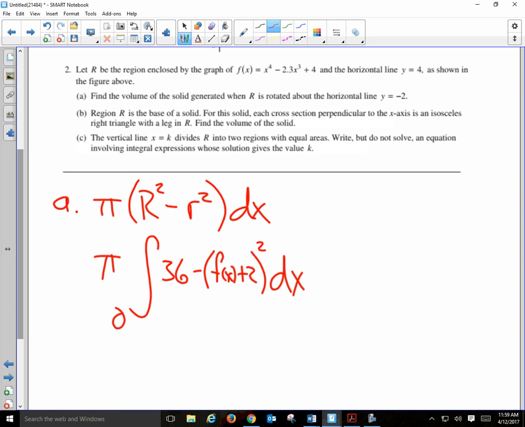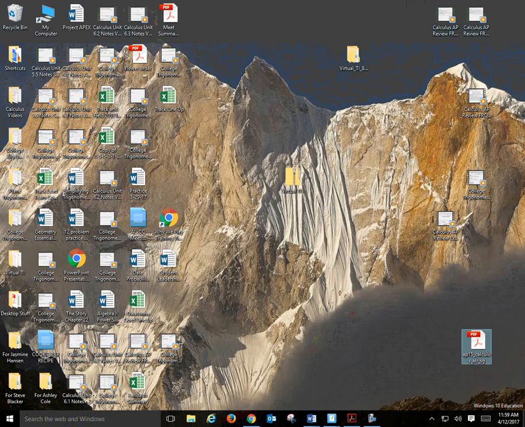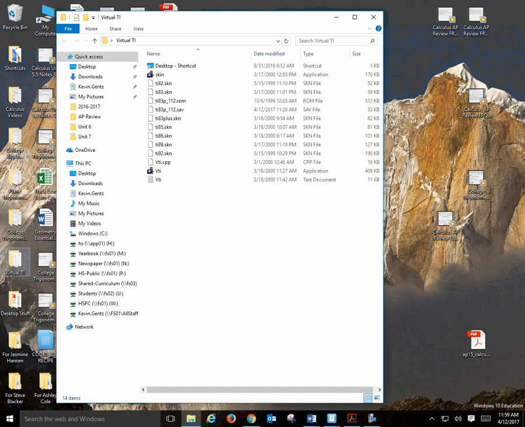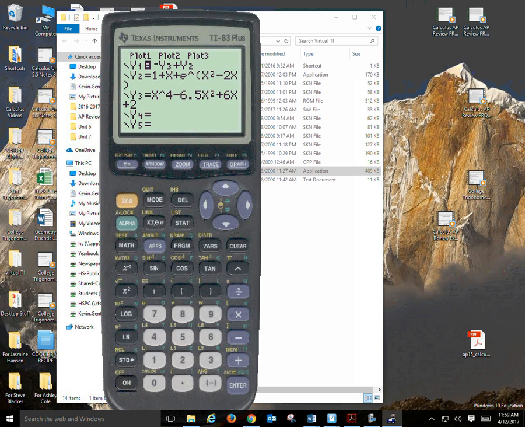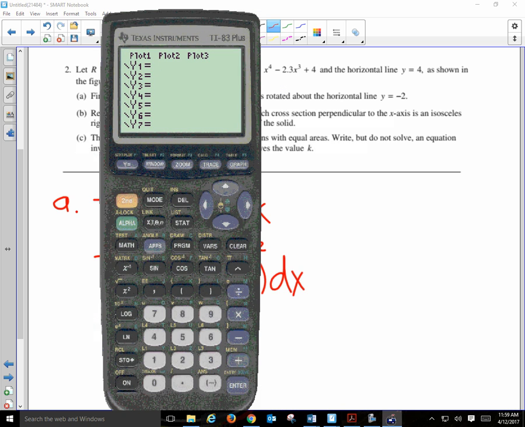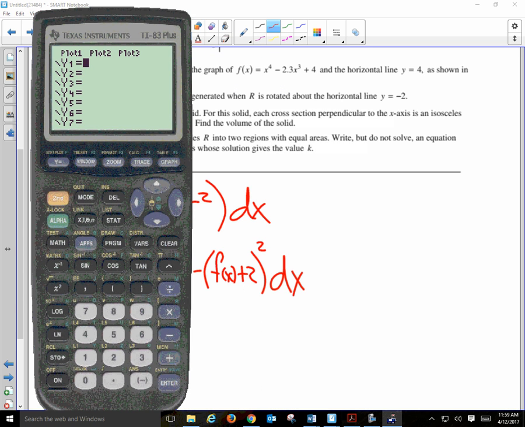Calculator. Okay, let's go to our calculator. So I'm going to go to y sub 2. I'm going to go x to the fourth minus 2.3 x to the third plus 4.